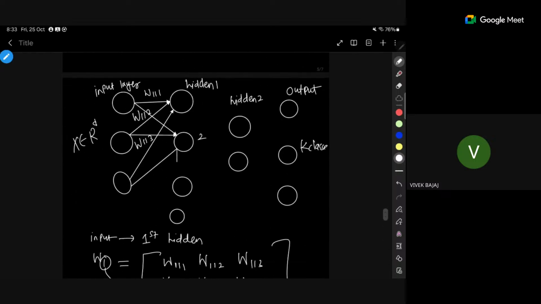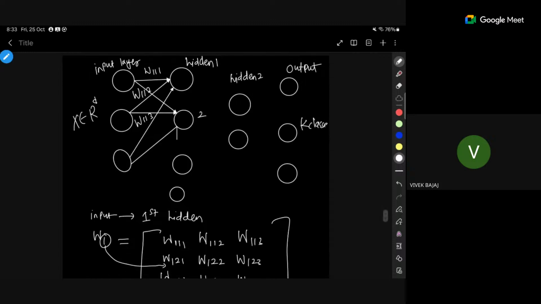Okay, so I think we did that. Now I'll write one more so that it gets clear what the weights are between hidden layer 2 and hidden layer 1. We have two neurons in hidden layer 2 and 4 here, right?